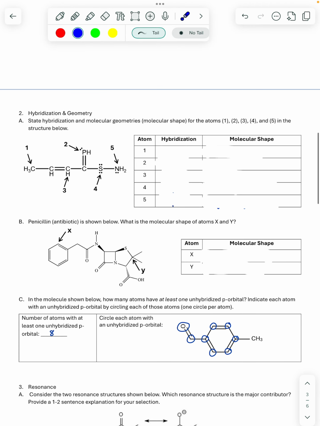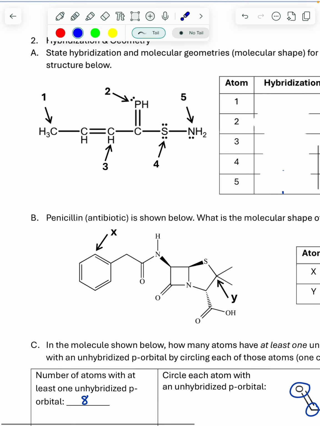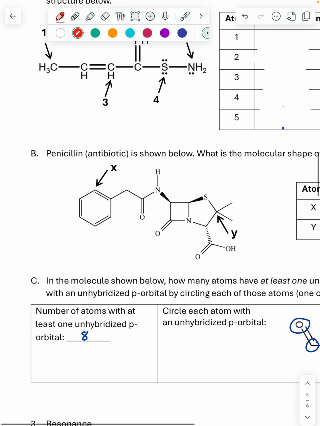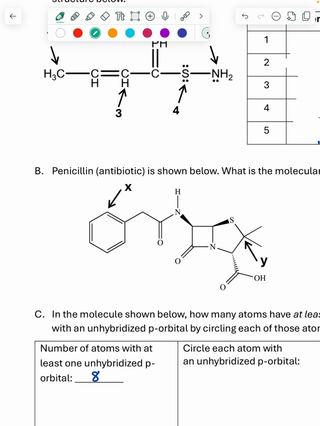All right, down here we're looking at these different molecules to determine their hybridization and molecular shape. So molecule 1 here, this would technically look like this. So we see that this carbon is bonded to 1, 2, 3, 4 atoms.